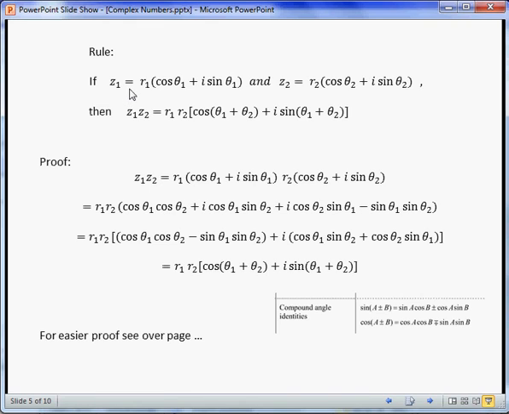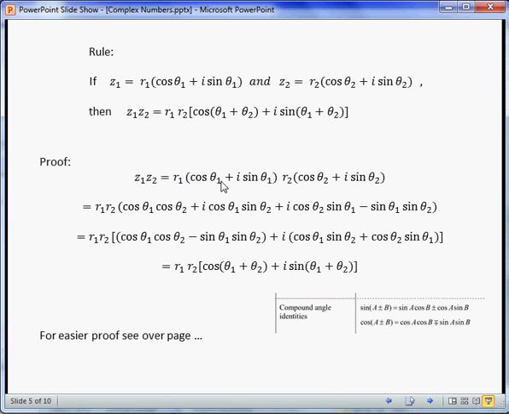If you've got two complex numbers, z1 and z2, and you multiply them together, the resulting complex number will be the product of r1 and r2 times cos(θ1 + θ2) + i sin(θ1 + θ2). How does that work?